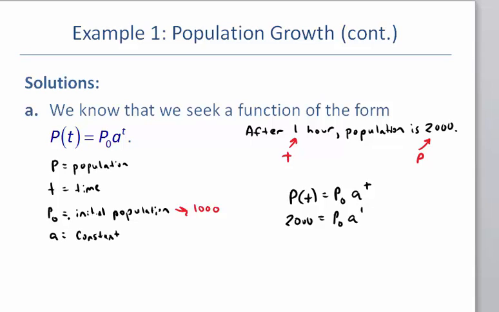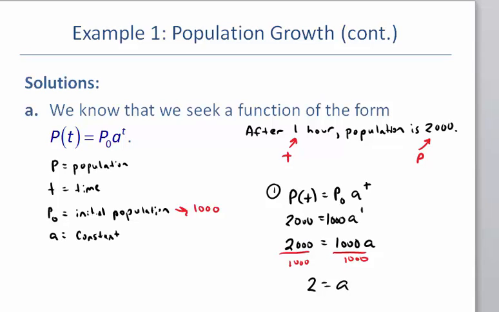We also know that the initial population is 1,000. So in for the P sub 0, I can plug 1,000. So this gives me a formula that looks like 2,000 is equal to 1,000 times A. And now I can solve for A. So I can divide both sides of the formula by 1,000 and come up with an A value of 2. So that is the first step in writing a formula, is to solve for that constant value A.